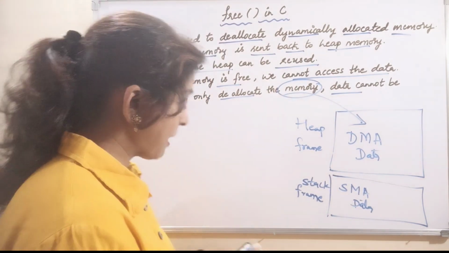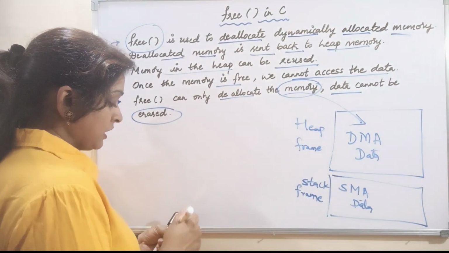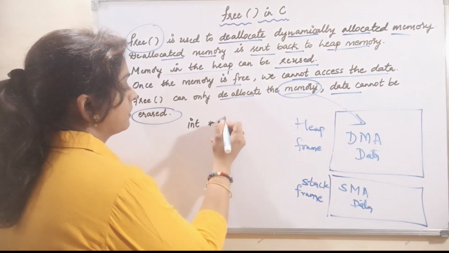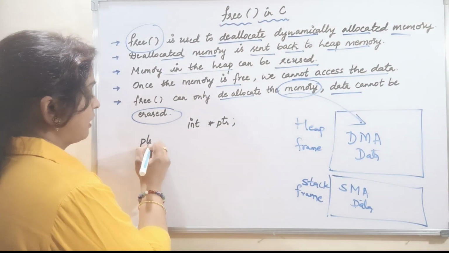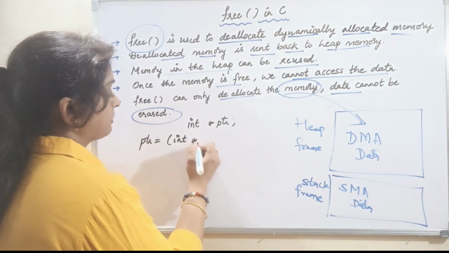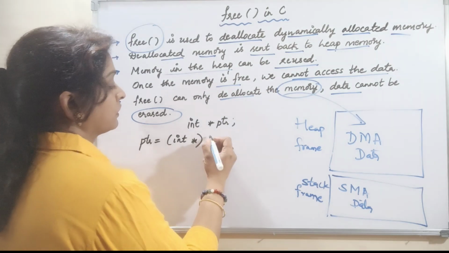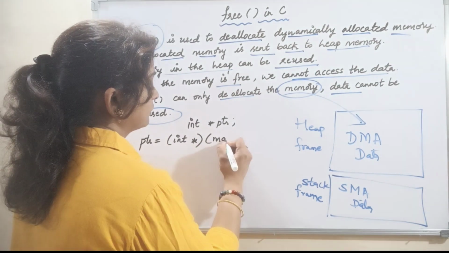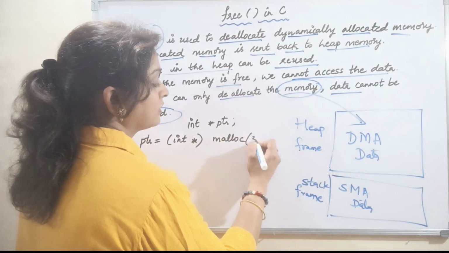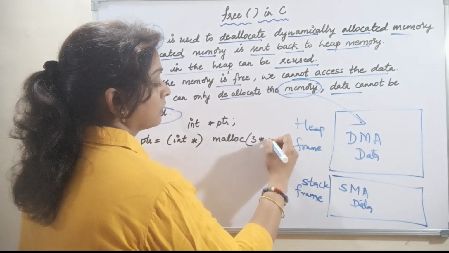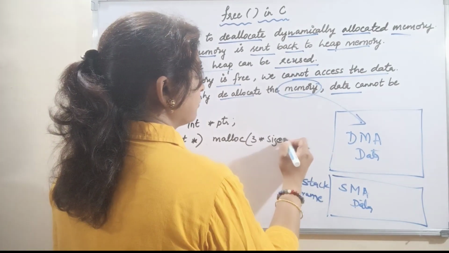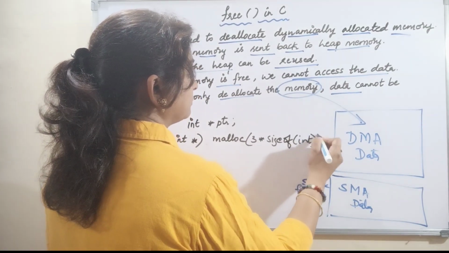This is what happens. So for example, I create the pointer. I just say int asterisk ptr. I say ptr equal to, typecast to integer, then I say malloc, say 3 values I need to store, of size of int.